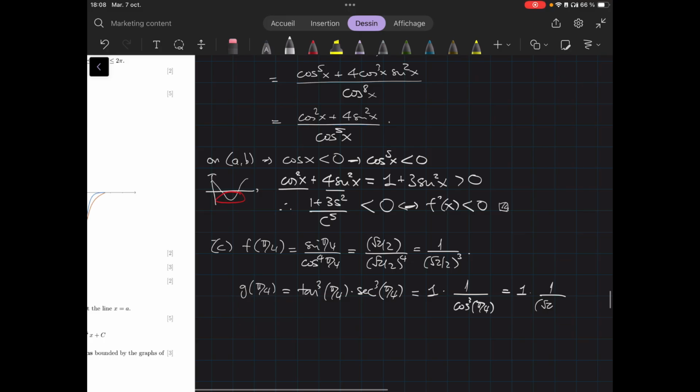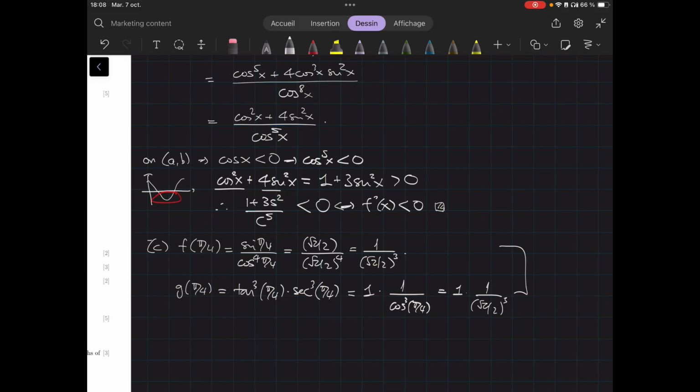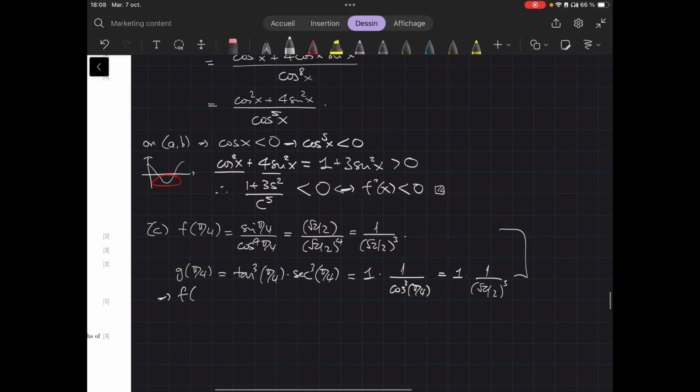And you would get the same value. Because they are identical, you can then say f of pi by 4 is equal to g at pi by 4, i.e. they intersect at x equals pi by 4.